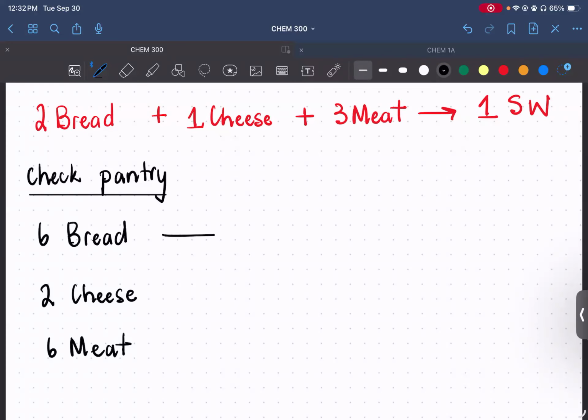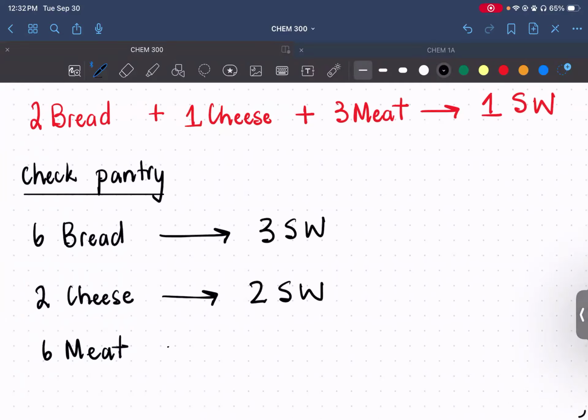You say, based on the bread, I can make 3 sandwiches. Remember that ratio 2:1? Based on the cheese, I can make 2 sandwiches. Based on the meat, 2 sandwiches.